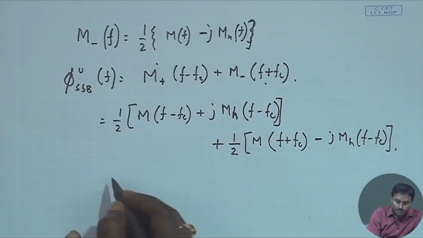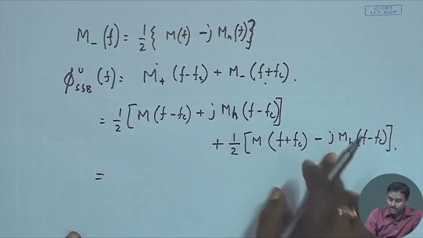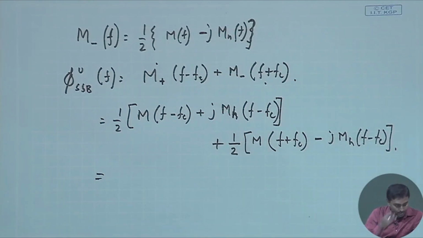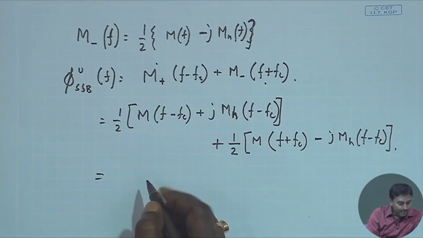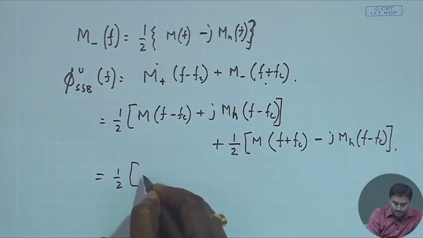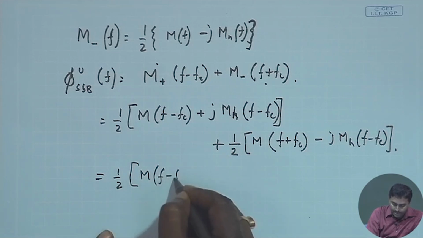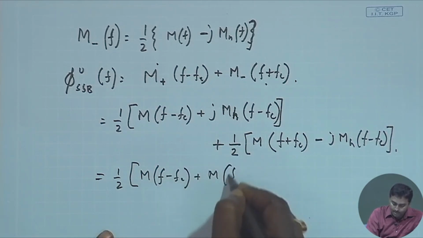Okay. Whichever has J term, I will take them out. So, basically what do I get? I get half MF minus FC plus MF plus FC.